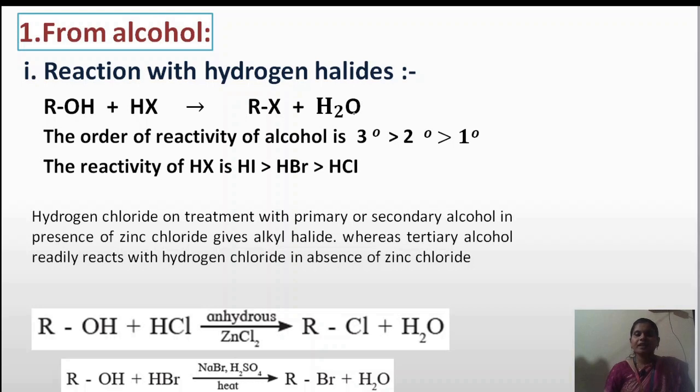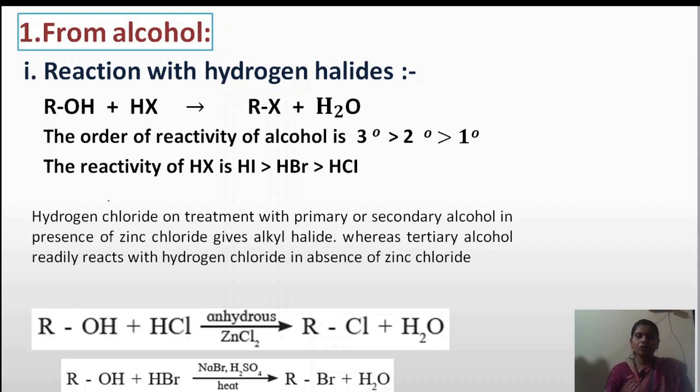Means tertiary alcohol is most reactive than secondary, and secondary is reactive than primary. The reactivity of HX, that is hydrogen halide, is HI is greater than HBr is greater than HCl. Now we can take here HCl, HBr or HI to react with alcohol.